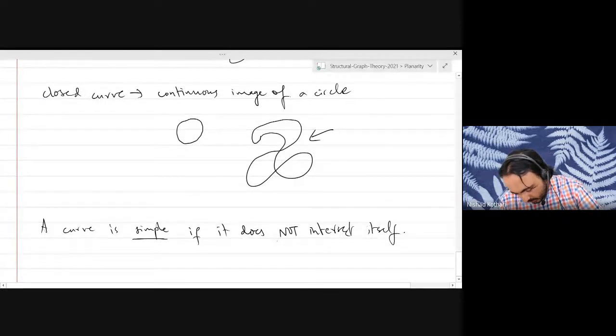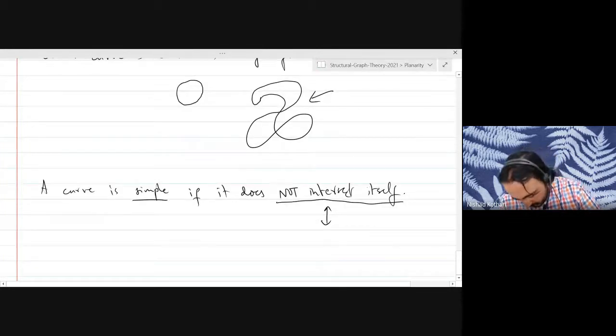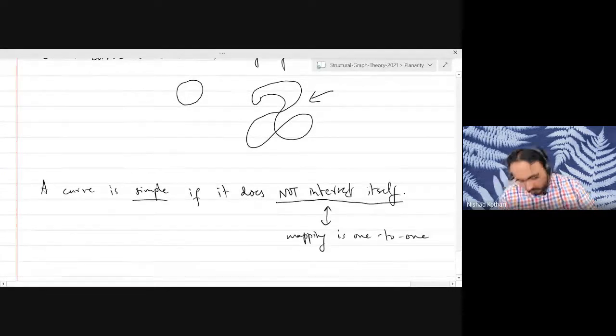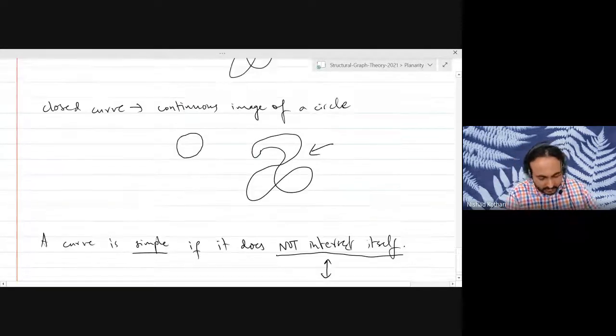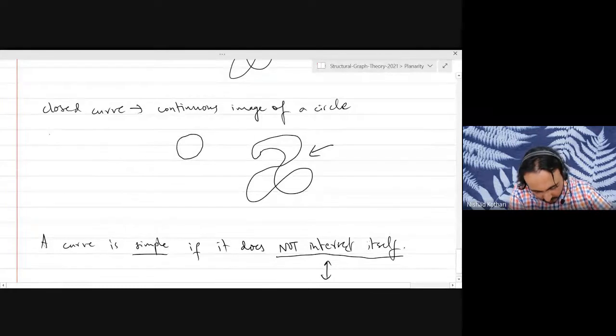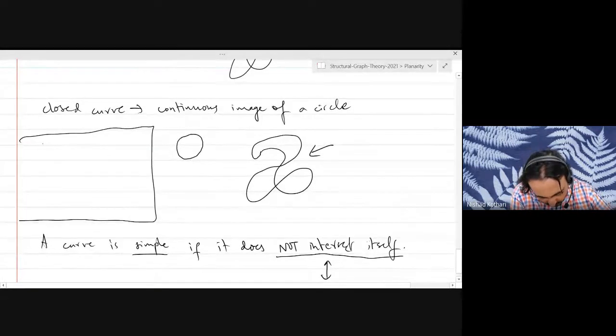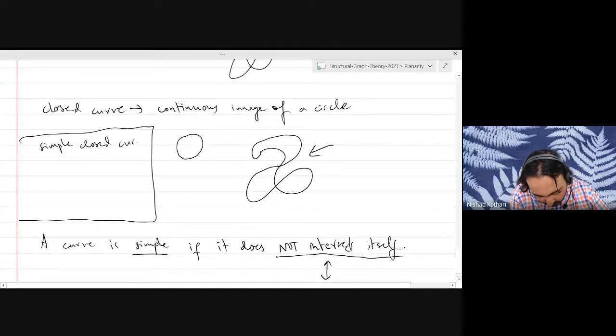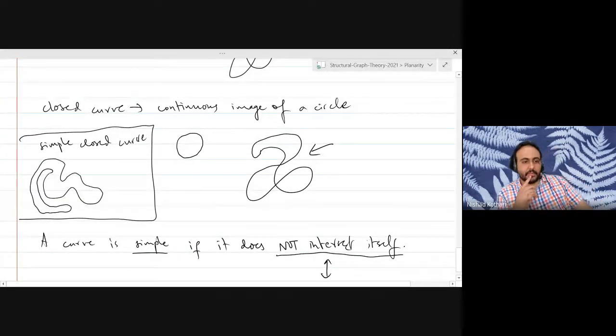In other words, the mapping is one-to-one. So a simple closed curve is one where you cannot cross the curve again at any point. So this would be a simple closed curve.